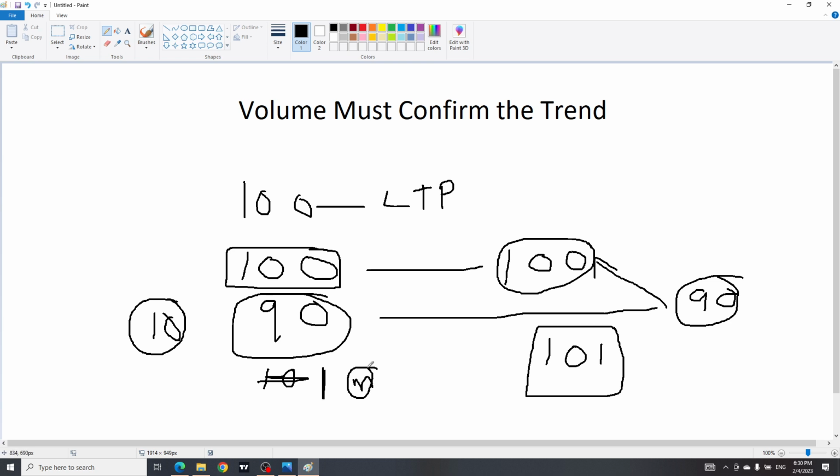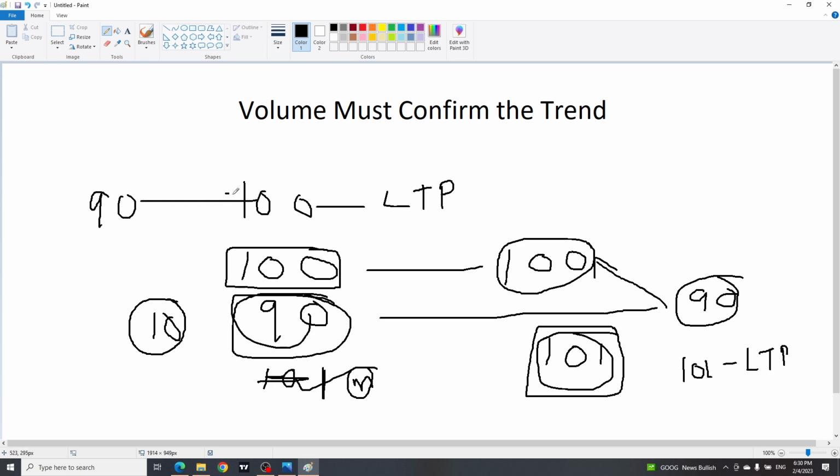What happens? This one stock is going to execute at the price of 101. The latest price is going to be the LTP. So in your case, 90 stocks executed at 100 rupees, and one stock executed at 101.